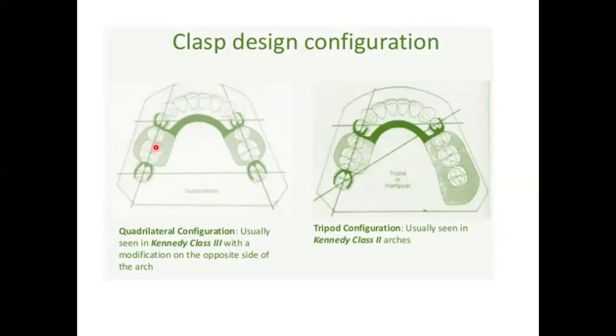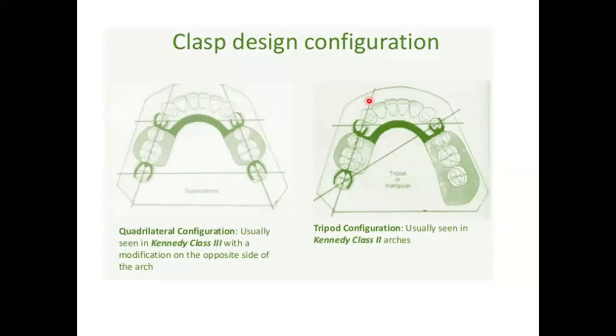To be frank, you have four different fulcrum lines running: 1, 2, 3 and 4. Since you have four different fulcrum lines running in this condition, it is ideal to go for a quadrilateral kind of clasp configuration. That is, you have your clasp designing on all four abutments used for your RPD designing.